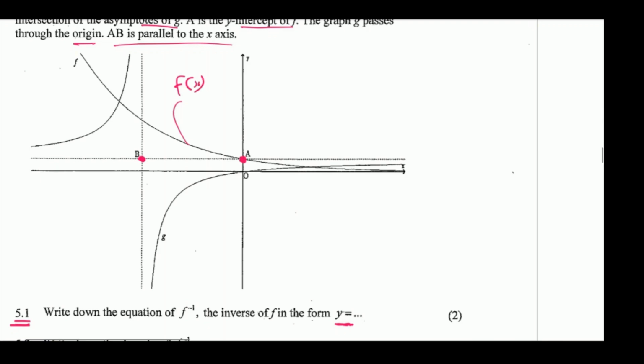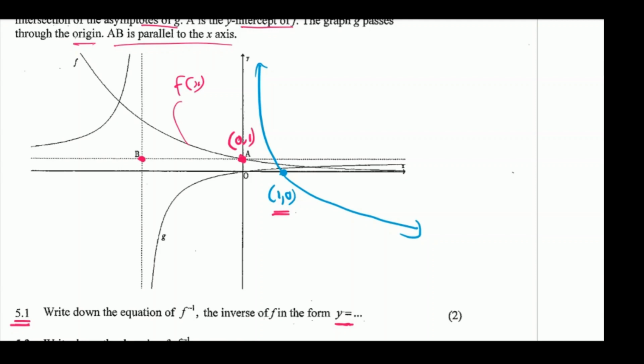But remember the previous question, we found our inverse of f, and we found this point to be (1, 0). So what this means is A is going to be the inverse of this coordinate, so it's going to be (0, 1). So that is the coordinates of A.